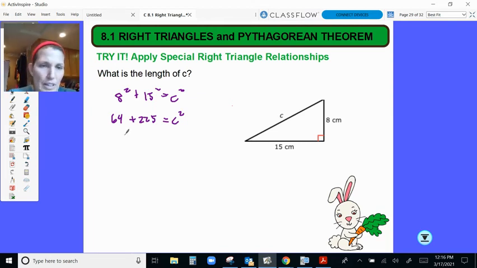So this ends up being 289 equals my c squared. Take the square root, and I believe that is 17. So be careful on those. Make sure you're not applying special ratios for special right triangles when they're not special right triangles.